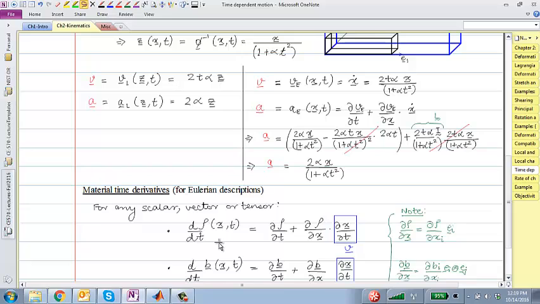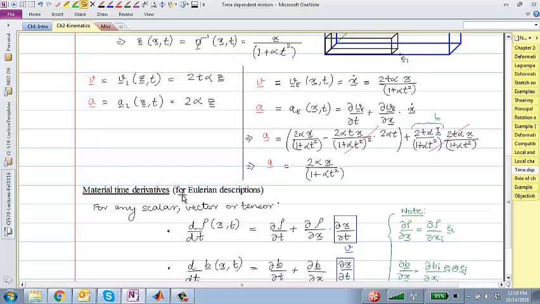So the material time derivative is the term given to derivatives that are associated with some material particle. If I'm at a current point X, there is a material particle here. Just an instant before, it was somewhere else, and it arrived at my location.